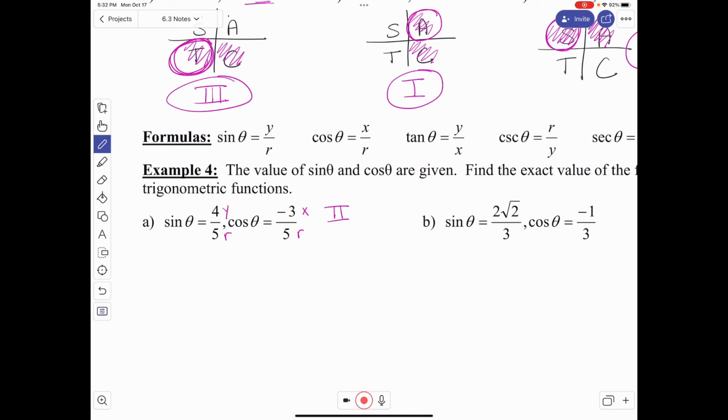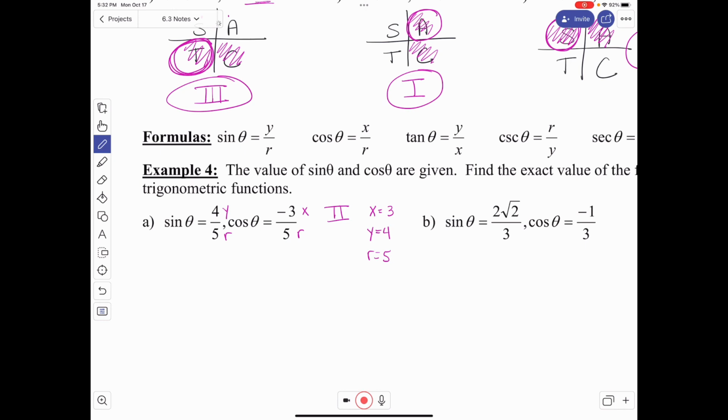I just know I'm in quadrant 2. I'll list them out to the side: x is 3, y is 4, r is 5. I'm not going to worry about positive and negative because if I'm in quadrant 2, sine and cosecant are the ones that are positive. Tangent, secant, cotangent are all going to be negative.